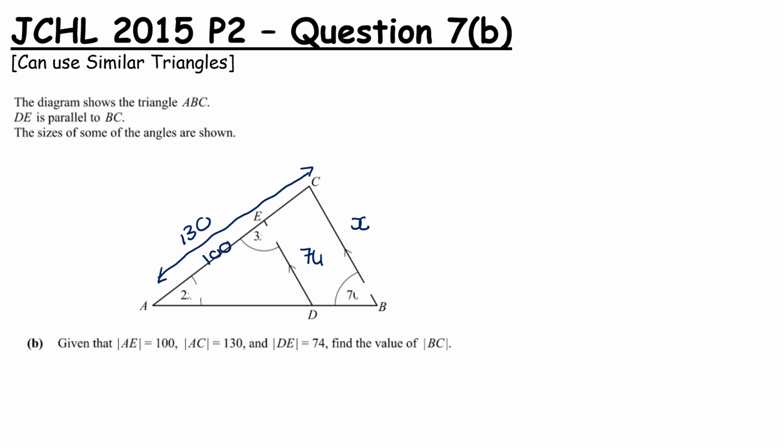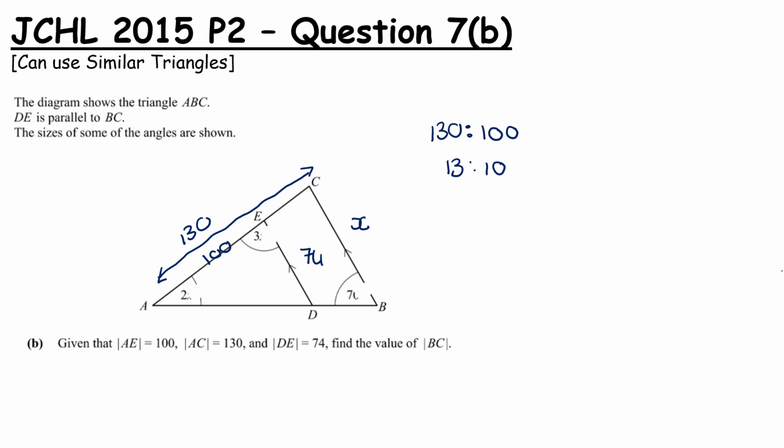We don't get that difference between them that we get with the other two sides, which means if we're looking at a ratio, we're thinking that 130 is to 100. So that is AC is to AE. So the longer side is to the shorter side. That gives us 13 is to 10.